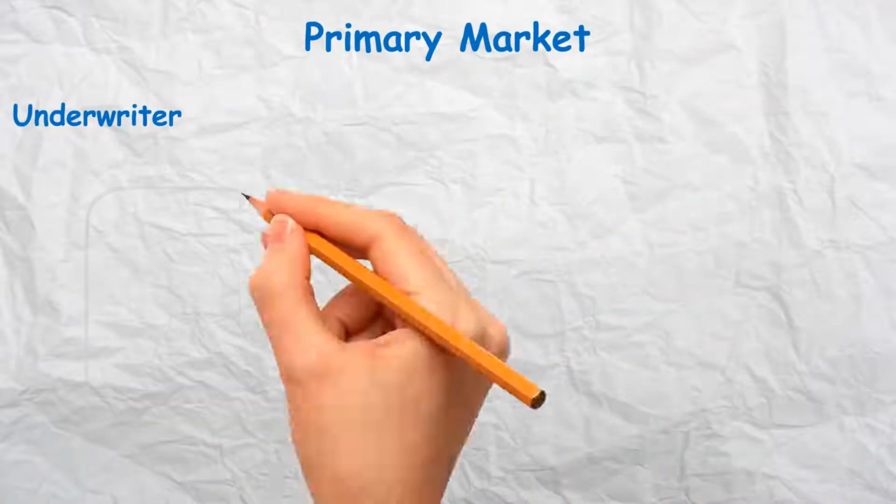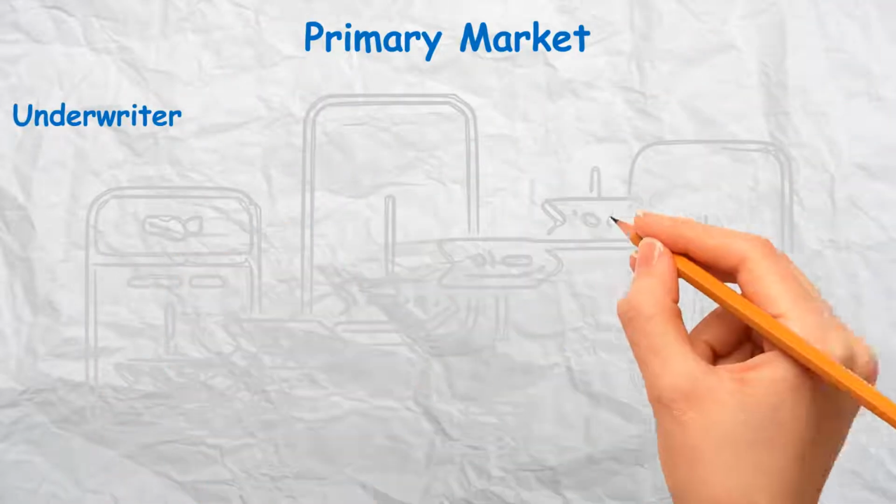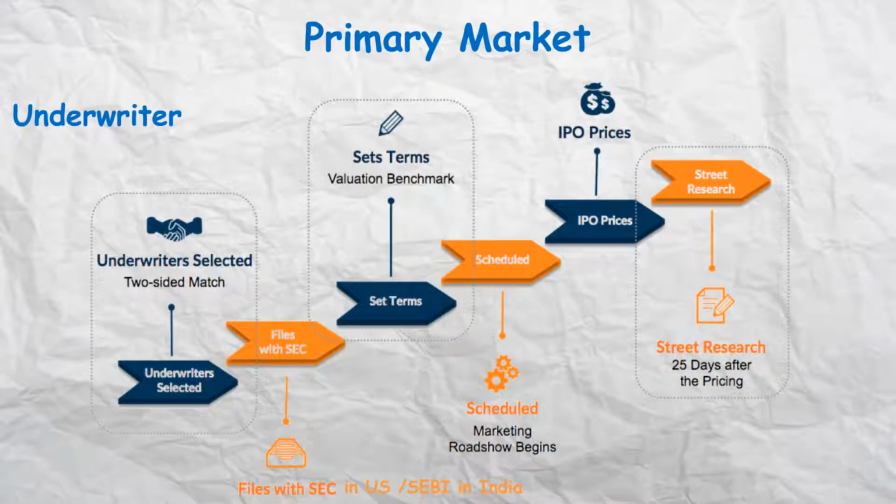The underwriter in a new stock offering serves as the intermediary between the company seeking to issue shares in an IPO and investors. The underwriter helps the company prepare for the IPO, considering issues such as the amount of money sought to be raised, the types of securities to be issued, and the agreement between the underwriter and the company. There are various types of underwriting agreements, but that's beyond the scope of this video.